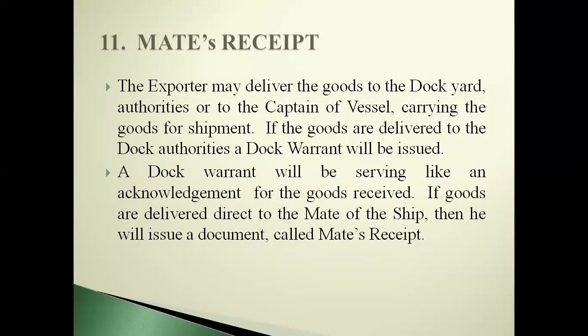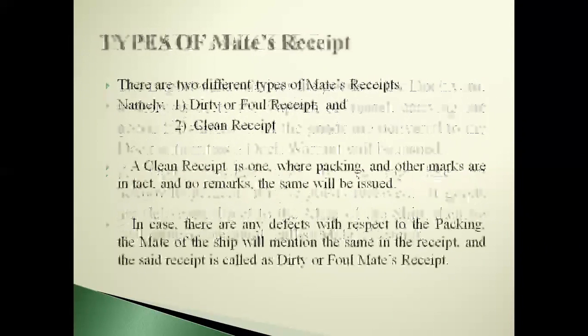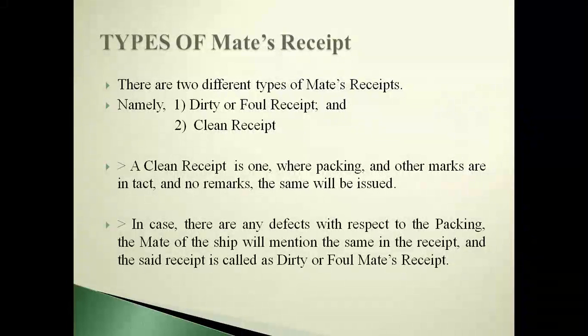If the goods are delivered direct to the mate of the ship, then he will issue a certificate called mate's receipt. There are two types of mate's receipt. One is dirty or foul receipt, and second one is clean mate receipt.